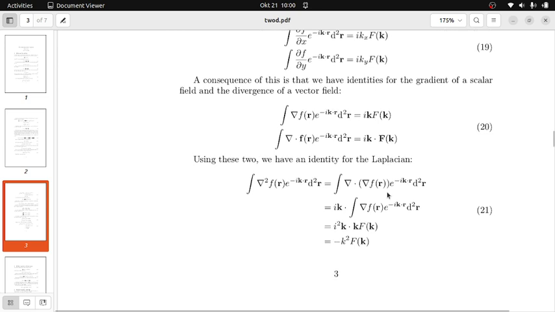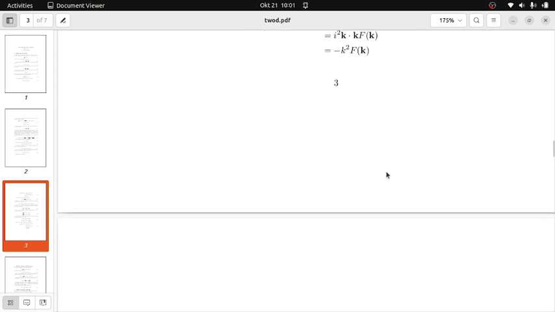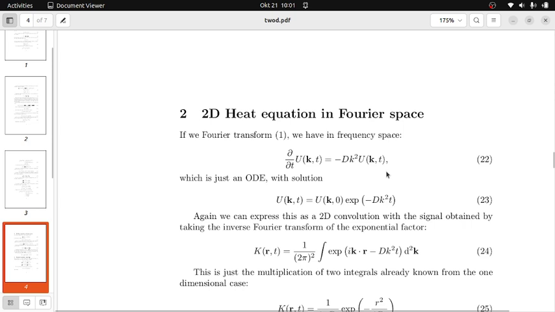And since the Laplacian is just the divergence of the gradient, we can apply this identity, and we find that the Fourier transform of the Laplacian is just minus k squared times the Fourier transform of the field, right? Now that we have introduced all this formalism, the problem kind of solves itself.